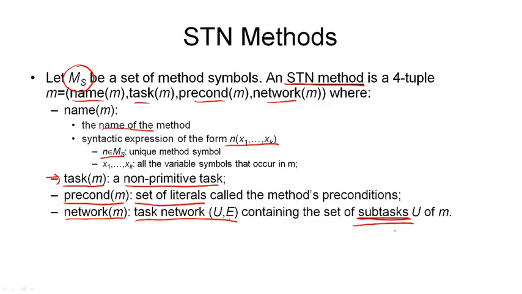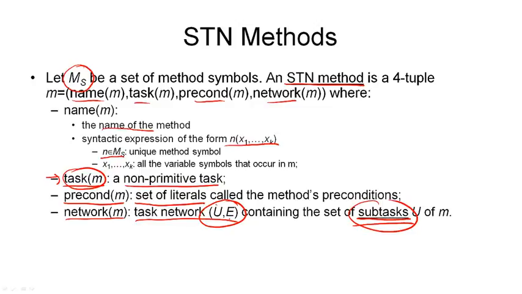So the task of the method describes what we can accomplish, and the subtasks, or the network, describe how we can accomplish that task. And there may be different methods for the same task, but achieving the task in different ways by having a different network, and usually also different preconditions.